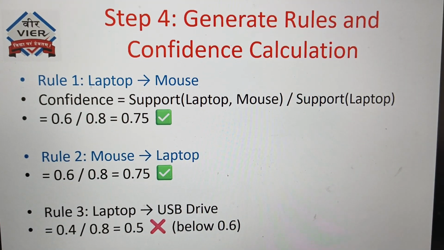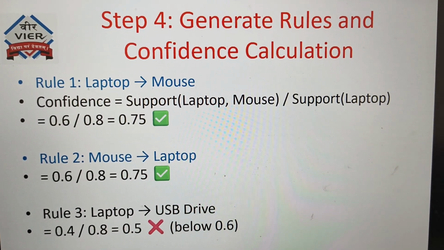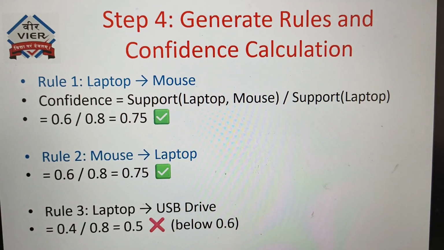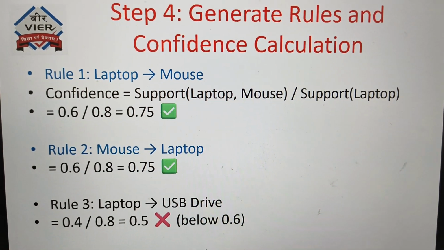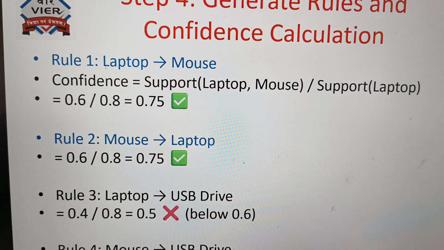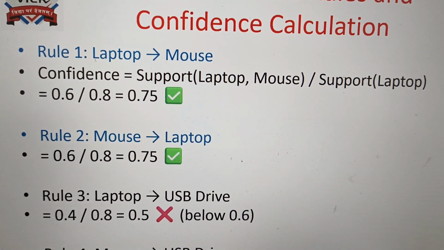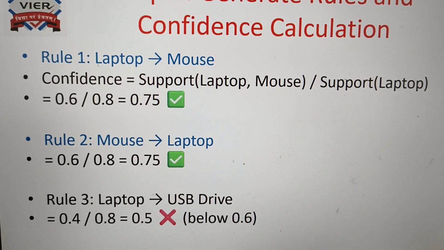Next, after finding the support, we are going to find out the confidence value to generate the strong association rule. So that is step number 4. So you can see this one. The first one, rule number 1, is laptop to mouse. So how to calculate the confidence?